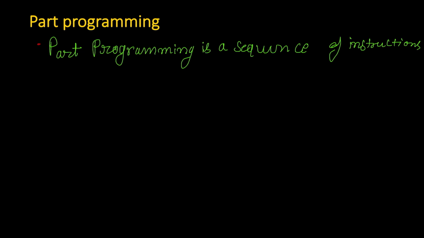Okay, so the first point after understanding the basics of part programming: the part program is the sequence of instructions which describe the work that has to be done on the part in the form required by computer under the control of numerical control computer program.